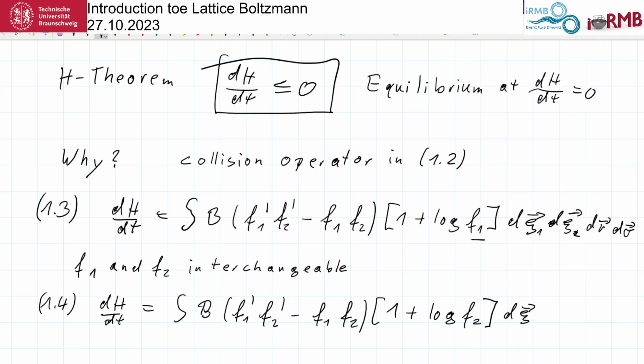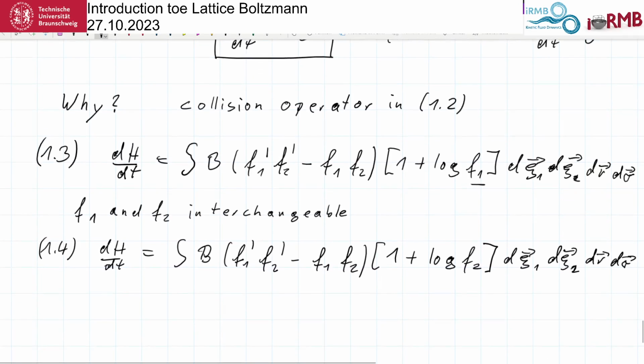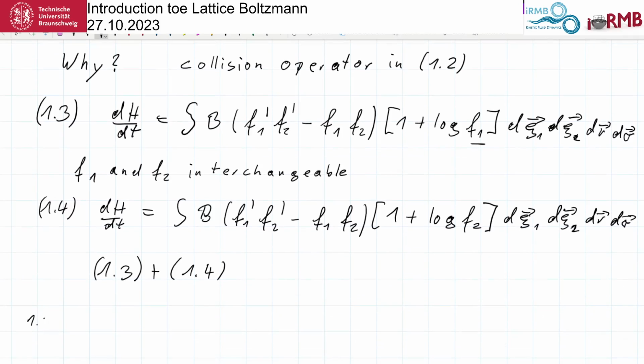And we integrate again, so I'm not going to exchange these things here. We integrate over both of them, over all spaces and all directions. Now, very simple, we can sum the two together. 1.3 plus 1.4 gives us 1.5. Okay, that was not a mathematical equation, right?